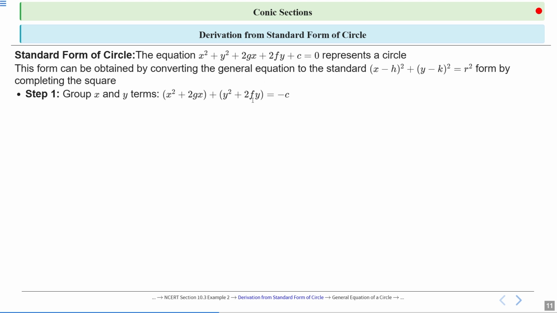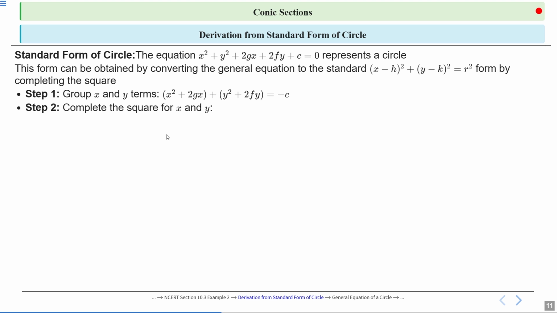Just group the x and y terms, and you will obtain x square plus 2gx plus y square plus 2fy. Then move the constant c to the right hand side, and this is equal to minus c. So after grouping x and y terms we obtain this equation: x square plus 2gx plus y square plus 2fy equal to minus c.